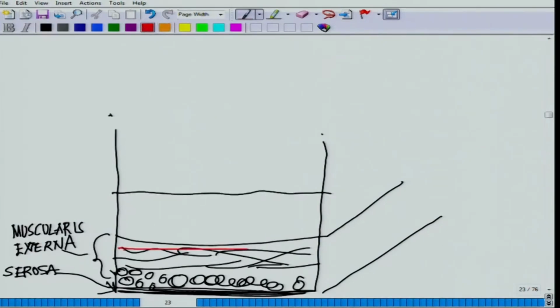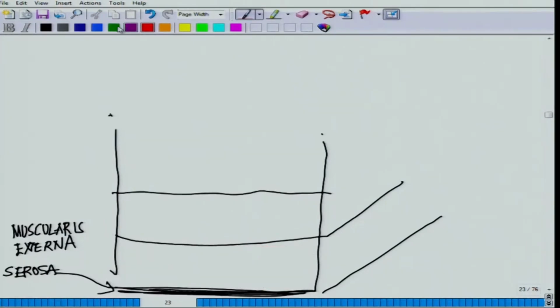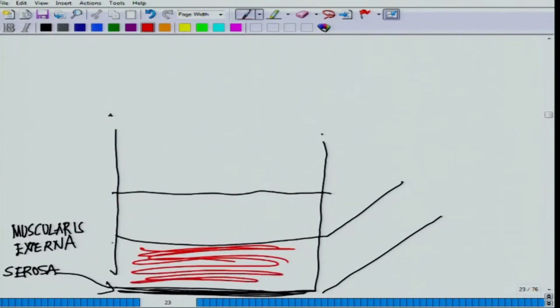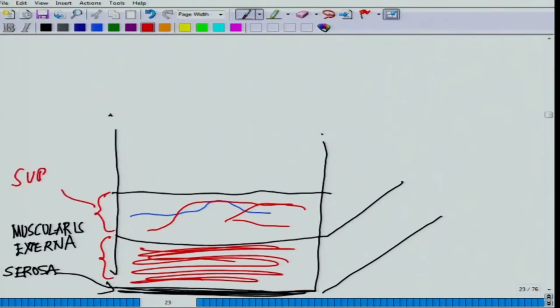How about we give different colors to them, so that you can identify them. Now we are entering into the submucosal layer. The submucosal layer has blood vessels all over the place. This is submucosa.